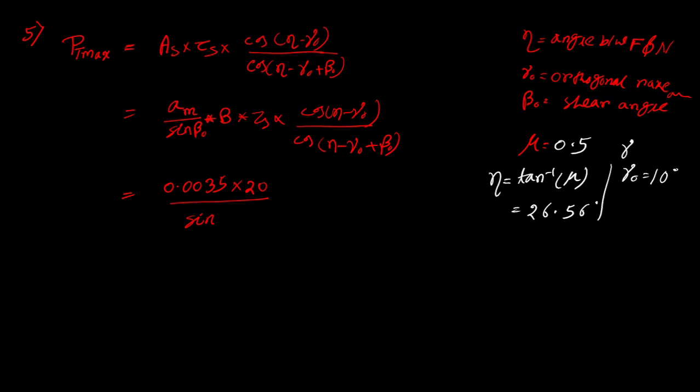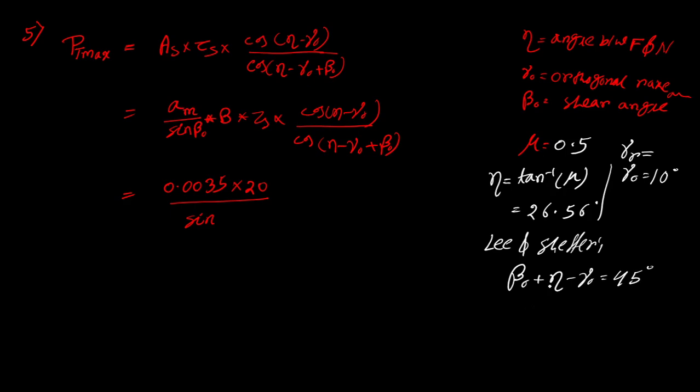Actually they are providing the radial rake angle gamma r, but for milling the radial rake angle and orthogonal rake angle are both the same. Then next we have the Lee and Seyfert equation: beta naught plus eta minus gamma naught is equal to 45 degrees.